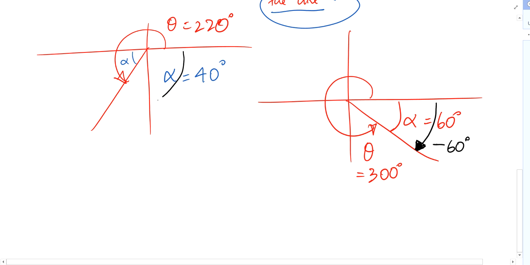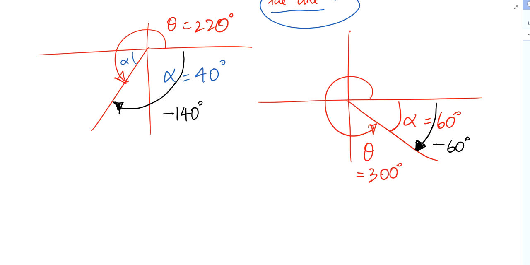Let's go to this case. Quadrant number 3. What is my angle in black? What is this angle in black? Are you sure it's 140? Negative 140 degrees. Because it goes clockwise, it is a negative.